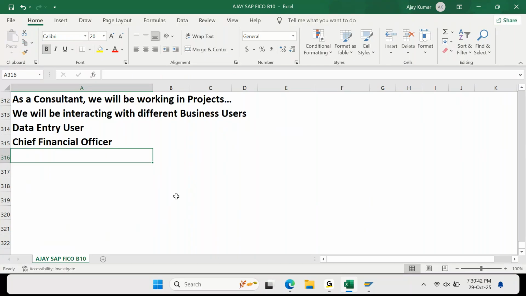You may be interacting with a basic data entry user until the CFO, meaning from an entry level user to a top level user in accounting, finance. CFO is the top in accounting. Am I correct or not correct? In accounting or in finance, we all call CFO the top position.